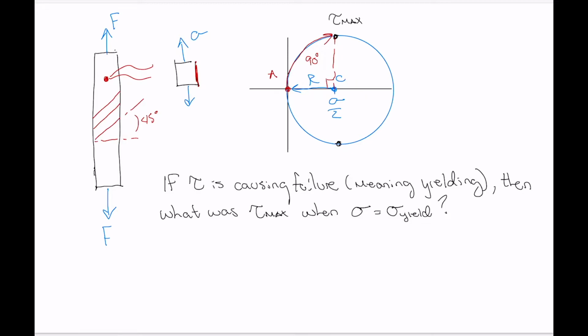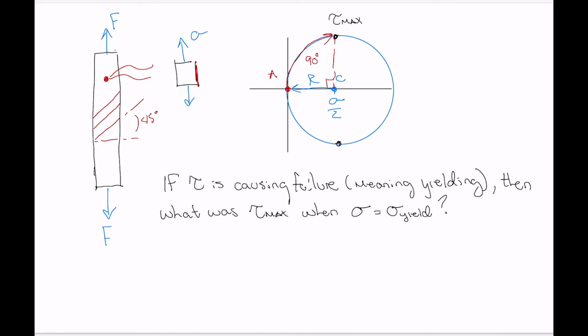And I'll write that as sigma yield instead of sigma y, just to not confuse it with the stress in the vertical direction. It is in the vertical direction, but just to specify that I'm talking about the yield stress there. So we can ask, what was the maximum shear stress when the stress that the element was experiencing hit the yield stress? And that's easy to do from Mohr's circle here.